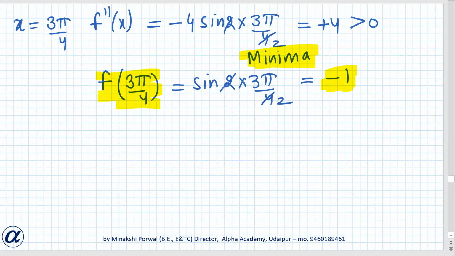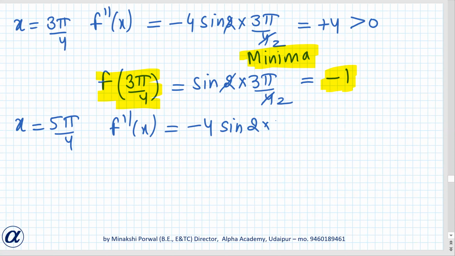Okay. Similarly, we'll find the other values also. X equals 5 pi by 4. F double dash x will be equal to minus of 4 sine of 2 into 5 pi by 4, that is 5 pi by 2. So this will again be positive, so with the minus it is less than 0.